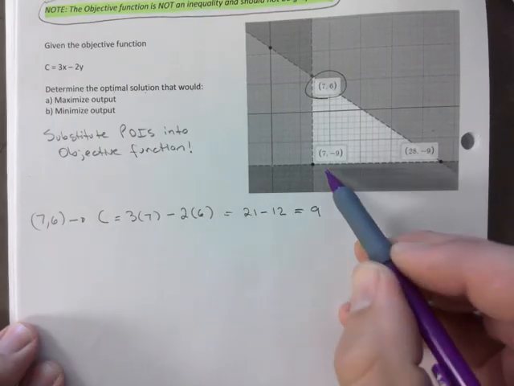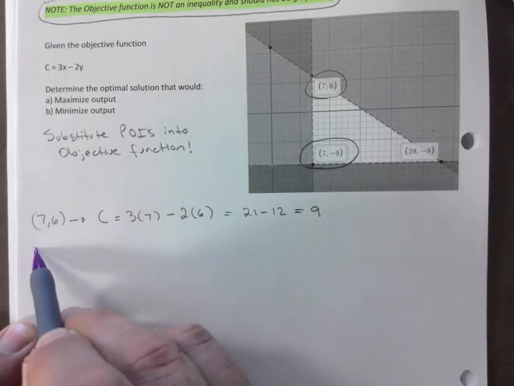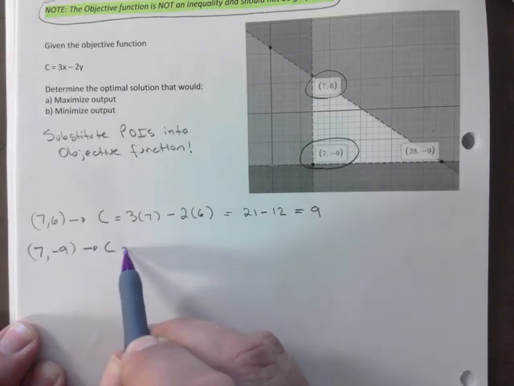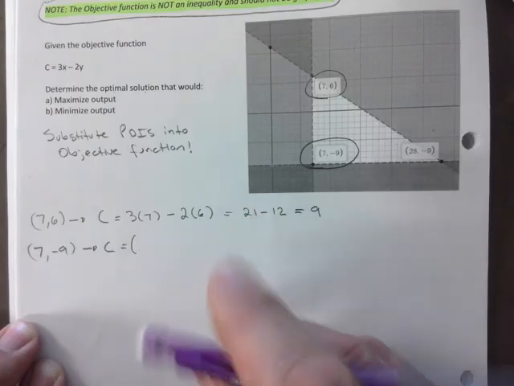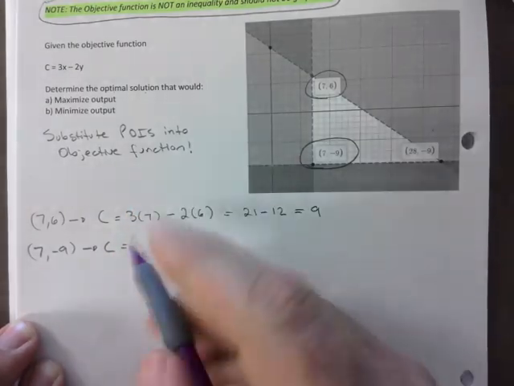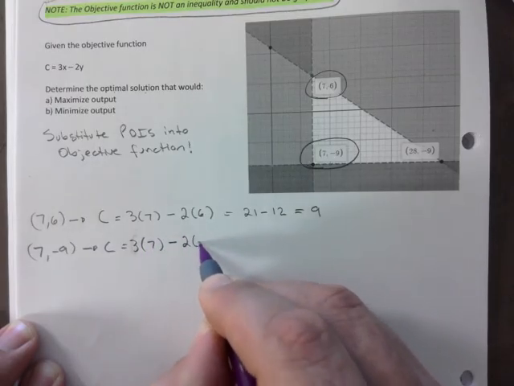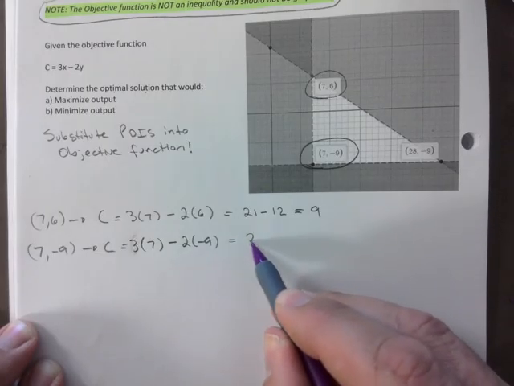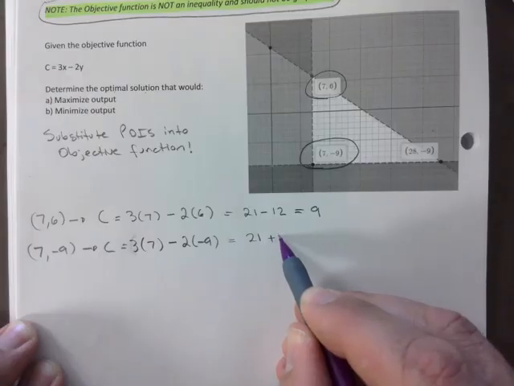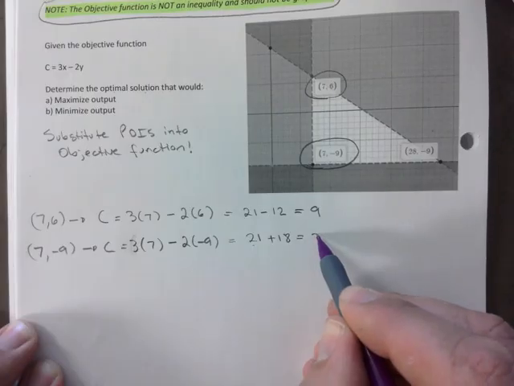You move on to the next one. 7, negative 9. Again, 3 times 7 minus 2 times negative 9. That ends up being 21 plus 18, and that adds up to 39.